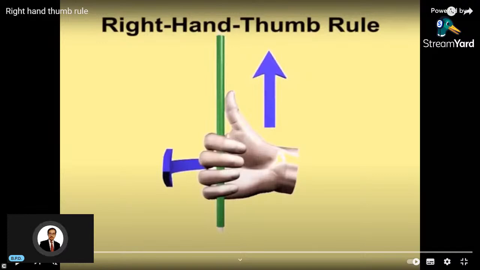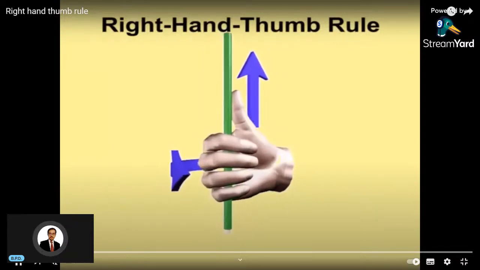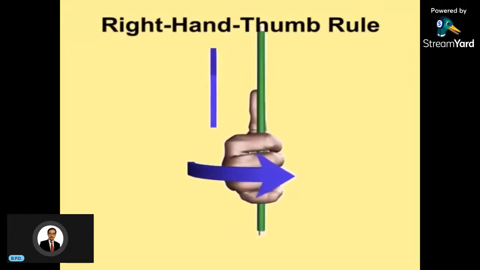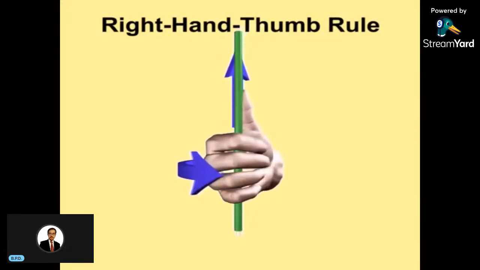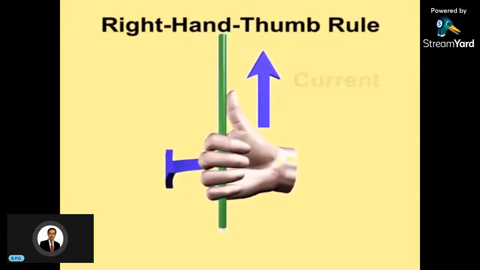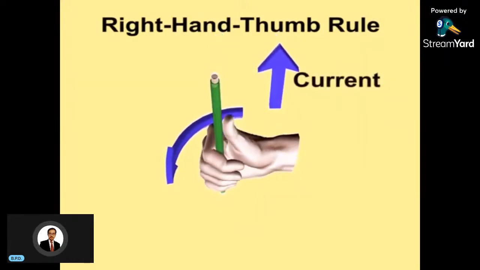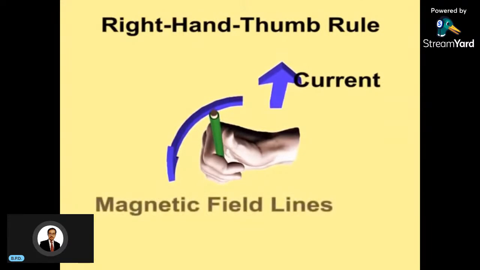So if we hold this conductor in such a manner that the thumb is directing towards the direction of current flow, then the other four fingers are going to direct the direction of magnetic field generated due to the current carrying conductor of a straight wire.